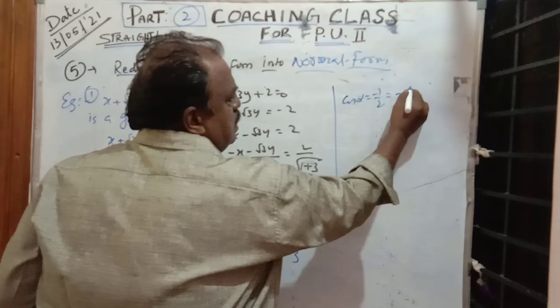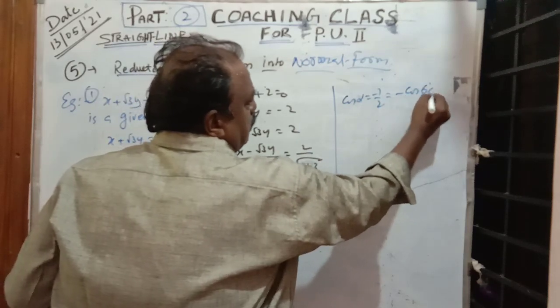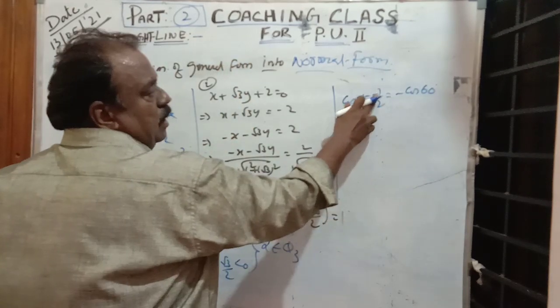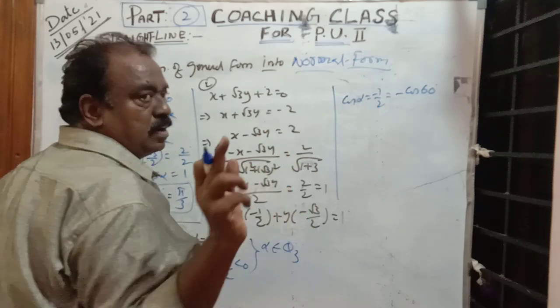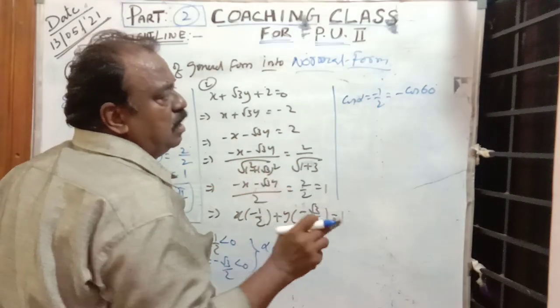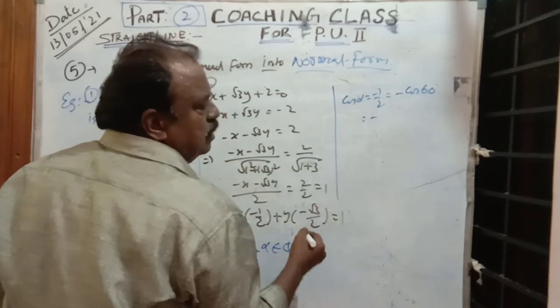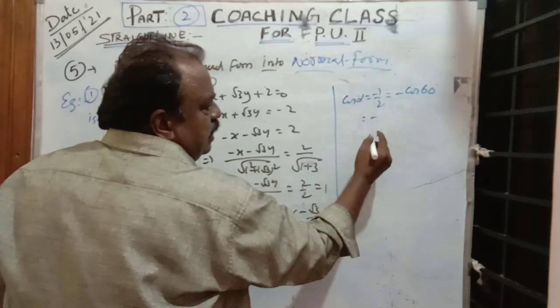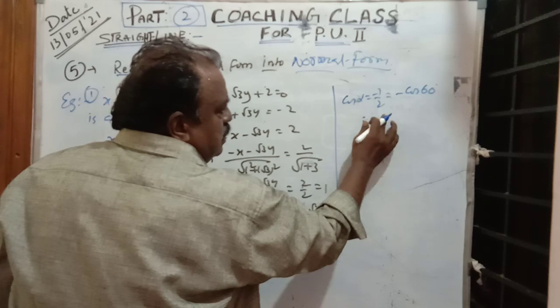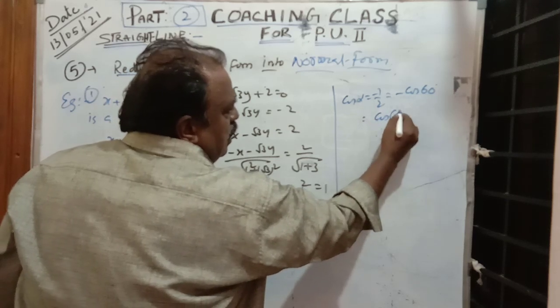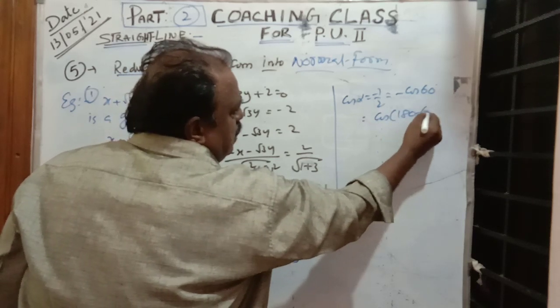That is minus cos 60 degrees. You learn it well. In the chapter also, I taught you very clearly. Minus 1 by 2 is 60 degrees. Minus cos 60 can be written as cos of 180 minus 60.